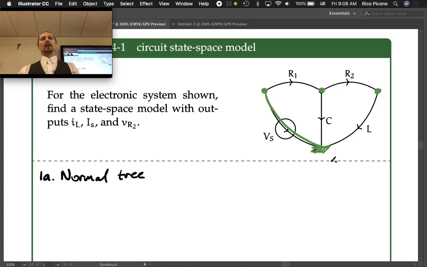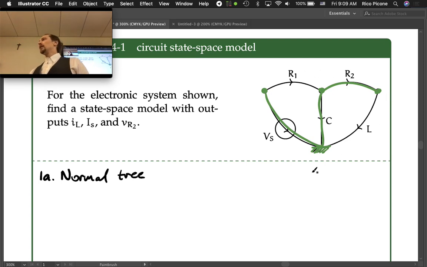The next one is A-type energy storage elements. We've got the capacitor. The next one is D-type elements. And we can't take R1, remember, because it would create a loop. So we have to take R2. And we would then take T-type, but that would create a loop too.